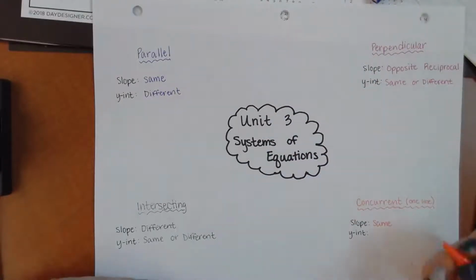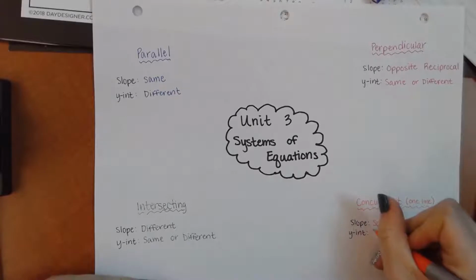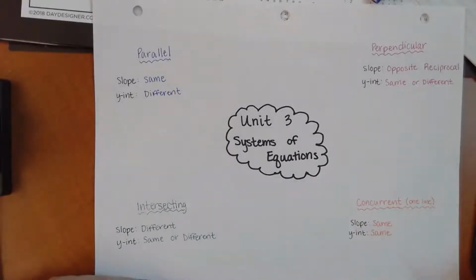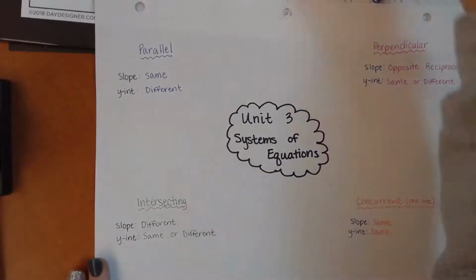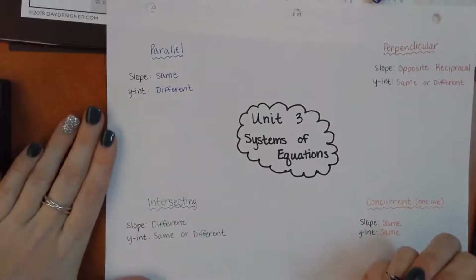And then for concurrent, your y-intercept is also going to be the same, again, because it is the same line. Okay.